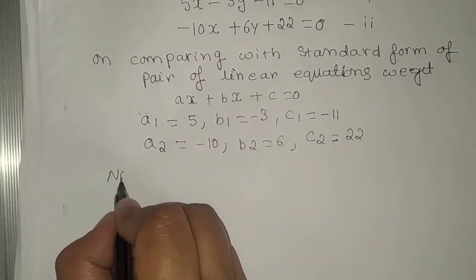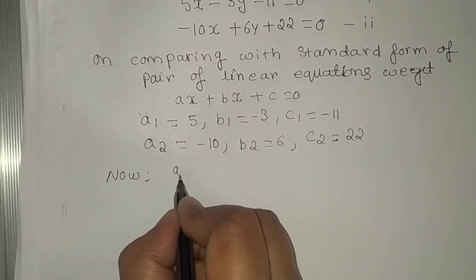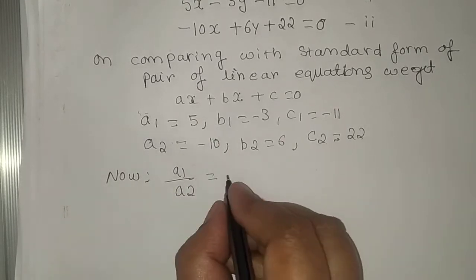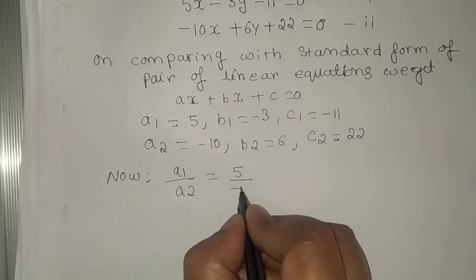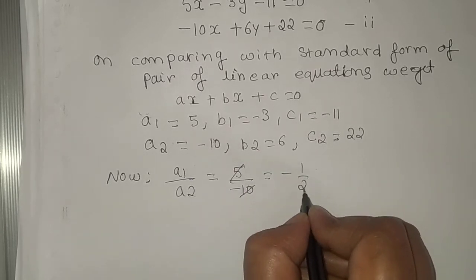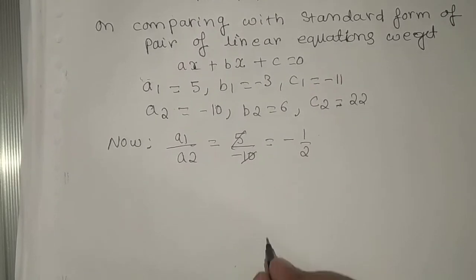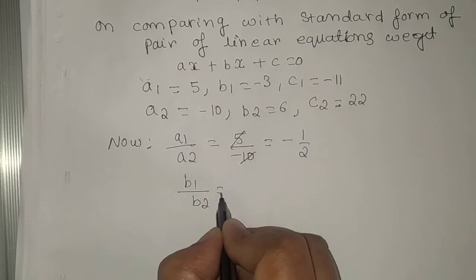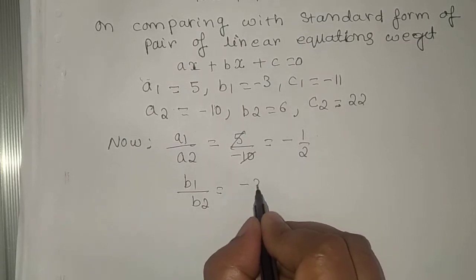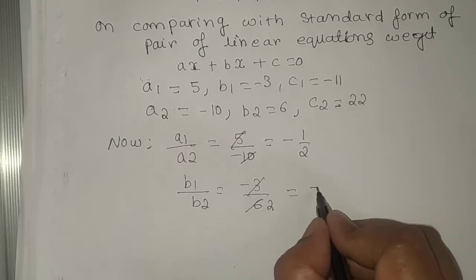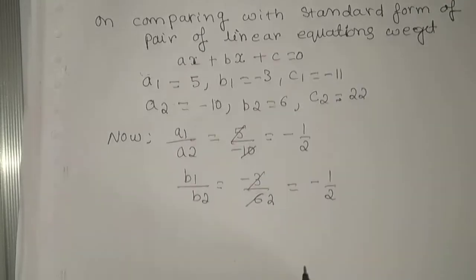Now next step is a1 by a2 is equal to how much? 5 by minus 10, 5 ones are 5, 5 twos are 10, this will become minus 1 by 2. Therefore next is b1 by b2, that is minus 3 by 6, 3 ones are, 3 twos are. So here also we have minus 1 by 2.